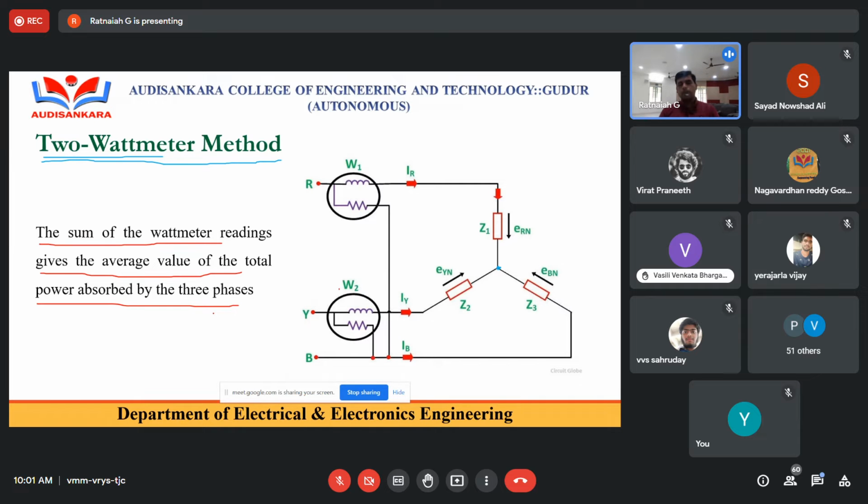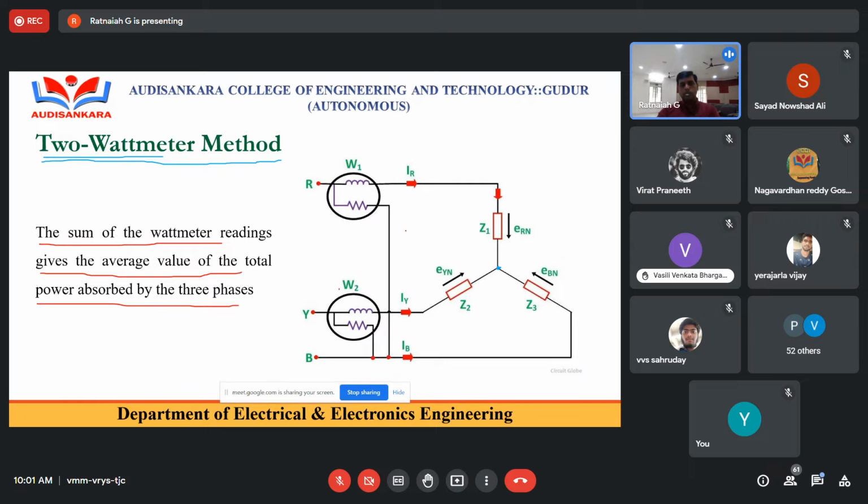But using the two wattmeter method, we reduce one wattmeter so that we can save cost. That's the main advantage. With only two wattmeters, I can measure total power absorption, balanced or unbalanced. So while calculating total power absorption, here also we add both wattmeter readings, W1 and W2. Let us see how to take this.